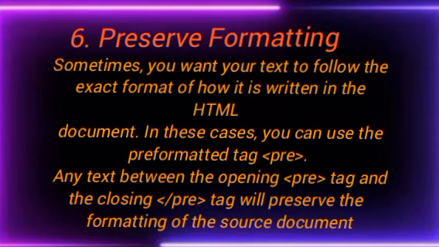6. Preserve formatting. Sometimes, you want your text to follow the exact format of how it is written in the HTML document. In these cases, you can use the preformatted tag <pre>.